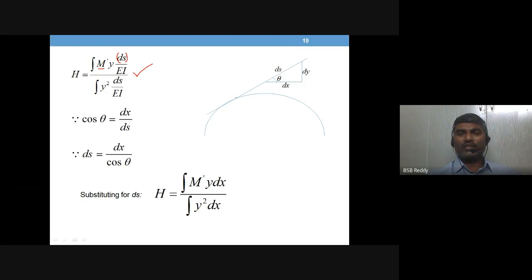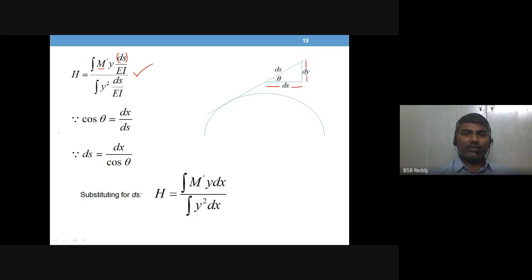So this is a relation that you have between dx, dy and ds. If you take an element of length ds in the arch, you can project it onto the x-axis, that is its x projection, and you can project it onto the y-axis, its y projection.